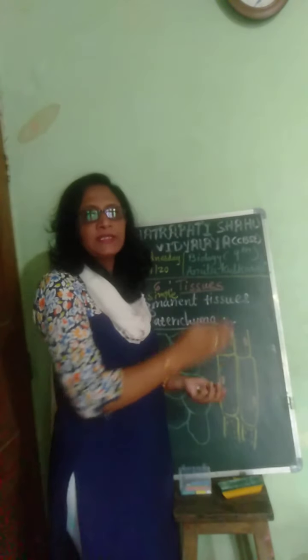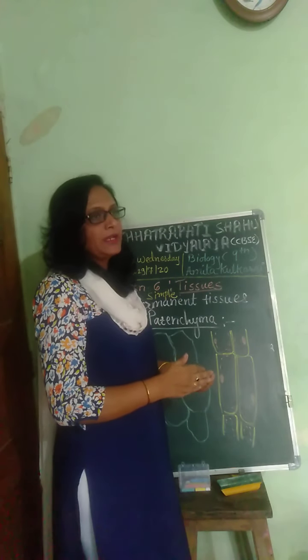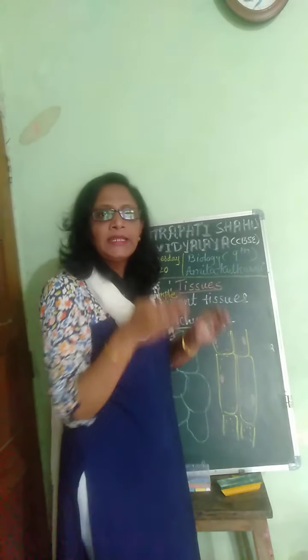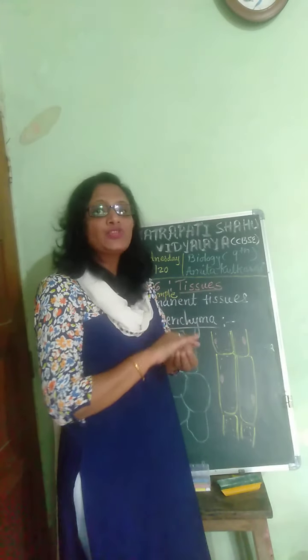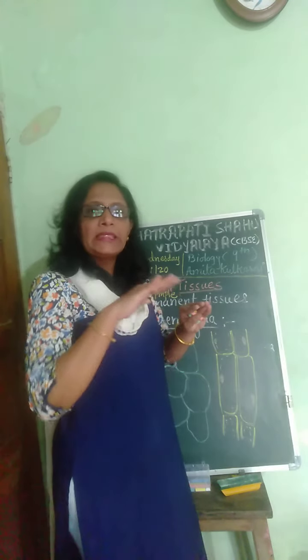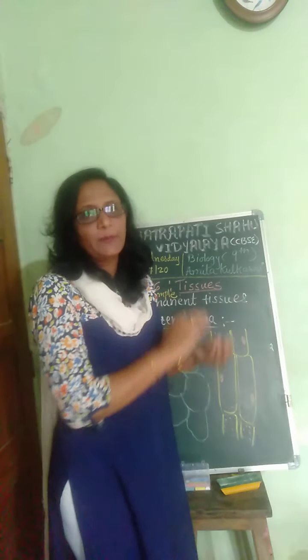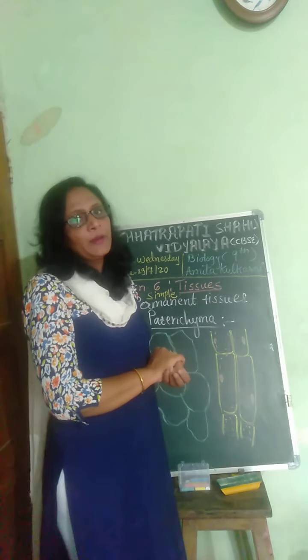So this is the longitudinal section of the parenchyma, which are present in the linings of the stems, in the mesophyll of the leaf. That means the second layer after the epidermis, in that layer these parenchymatous tissues are present.